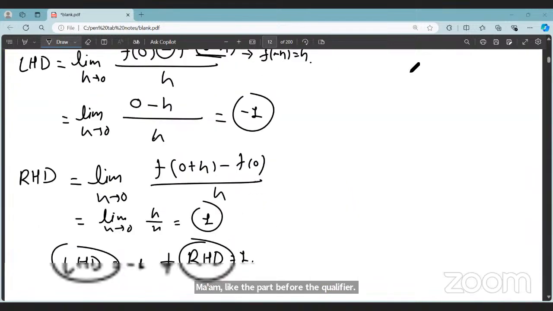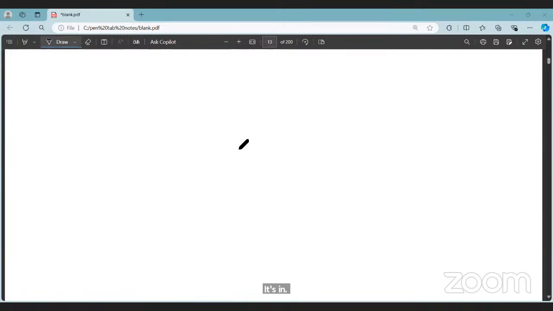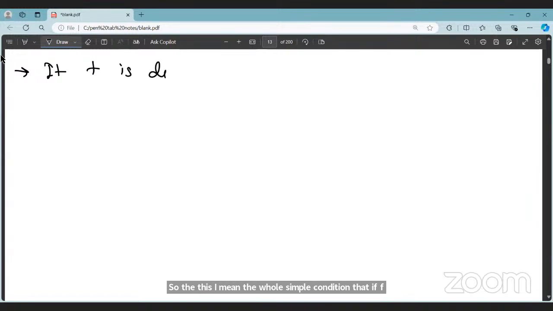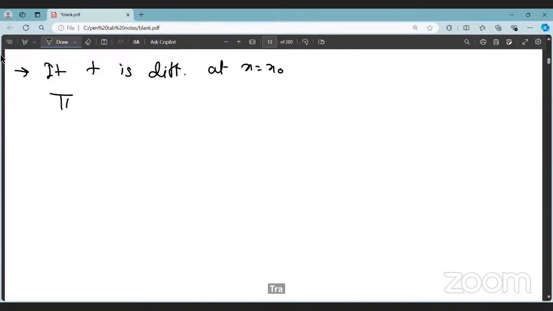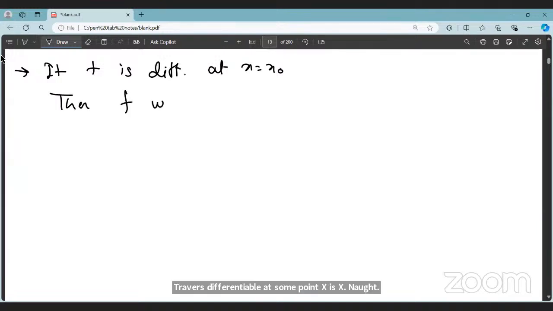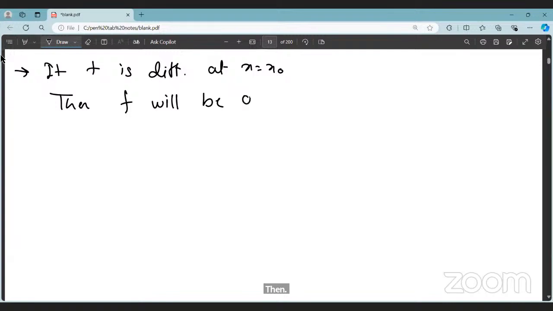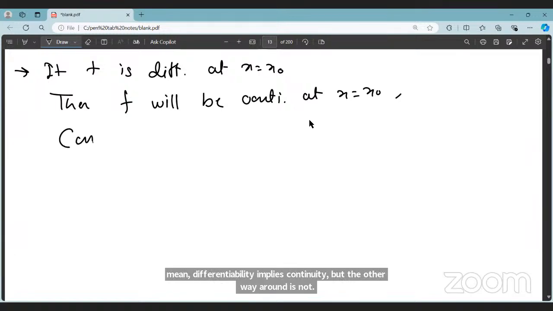See, the relation between differentiability and continuity: if f is differentiable at some point x equal to x naught, then f will be continuous at that point. Differentiability implies continuity, but the converse is not true.